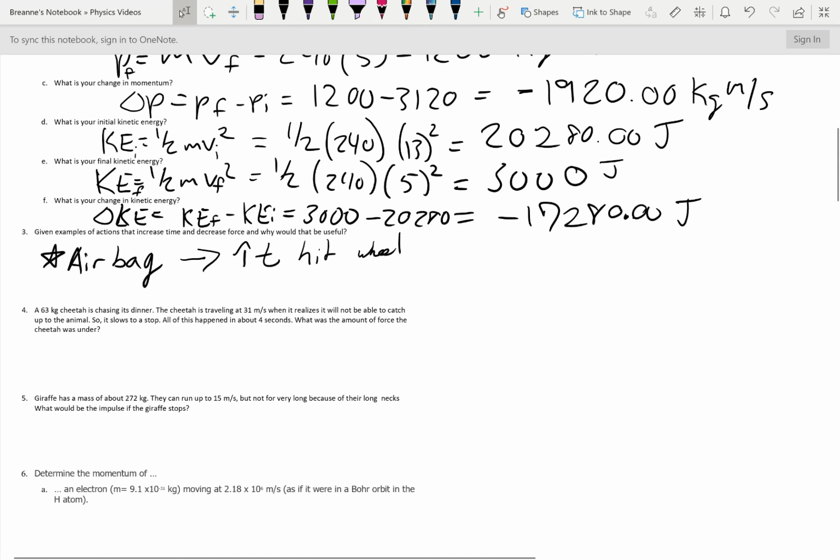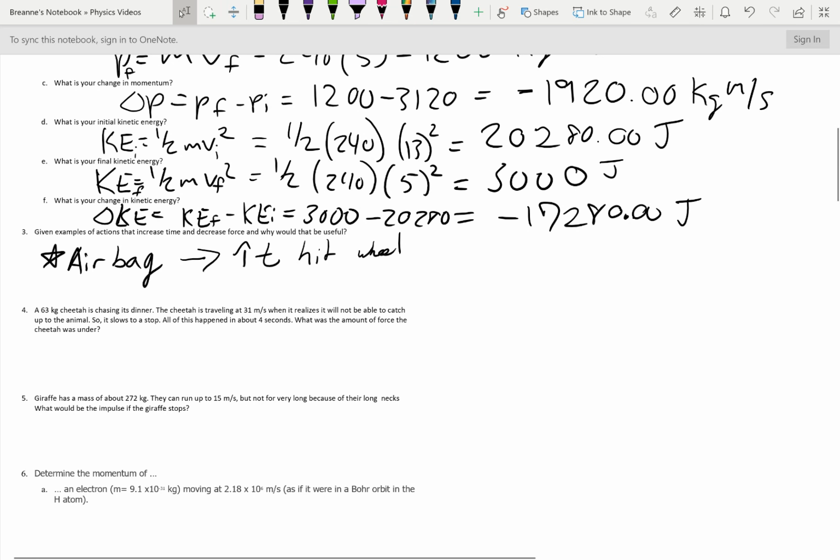So, a 63-kilogram cheetah is chasing its dinner. The cheetah is traveling at 31 meters per second when it realizes it will not be able to catch up to the animal, so it slows to a stop. All of this happens in about 4 seconds. What was the amount of force the cheetah was under?